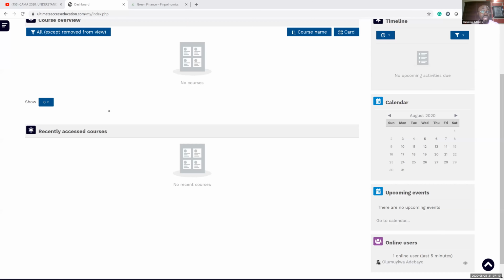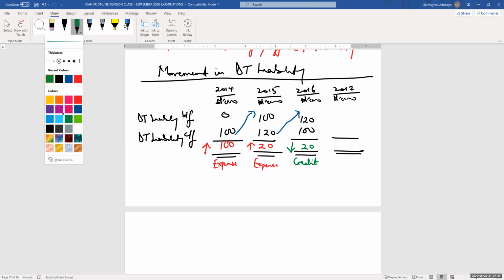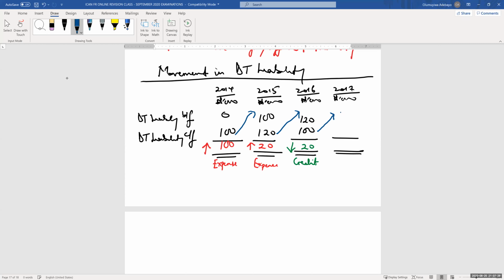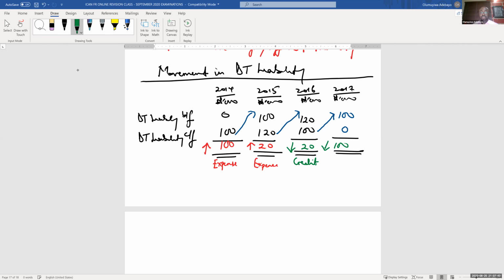And also, finally, the balance in 2016 is brought forward to 2017. And we close out with 0 in 2017. Therefore, what do we have? We have a decrease of 100. Now, I'm using the color to show that one is positive, one is negative.